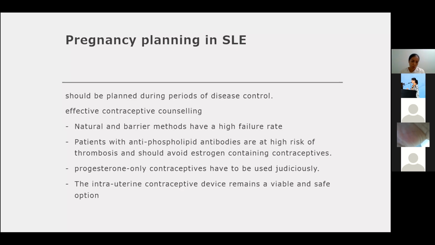Progesterone-only contraceptives have side effects such as osteopenia on prolonged use, so they should also be used judiciously. And the intrauterine contraceptive device remains a viable and safe option for all the patients with SLE.